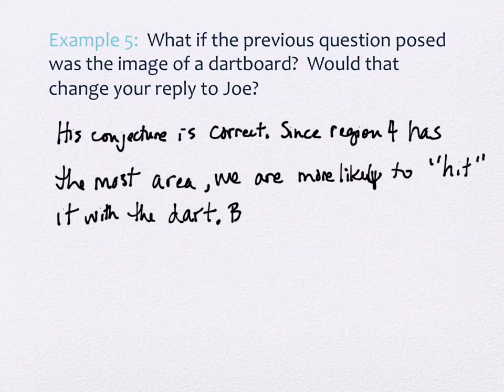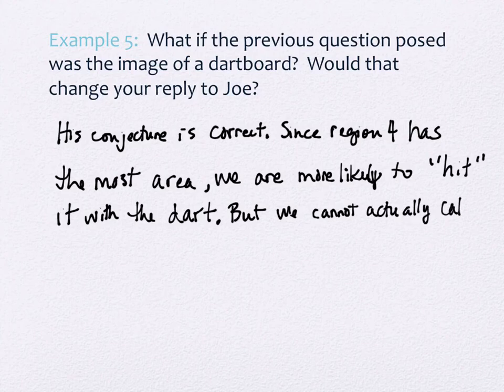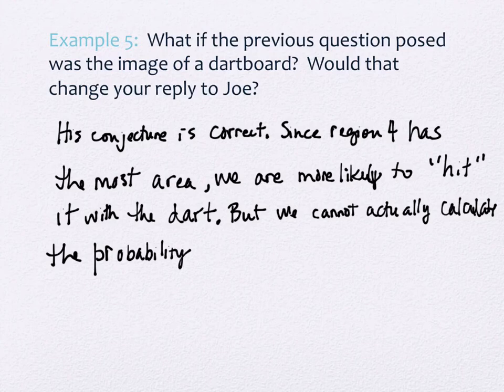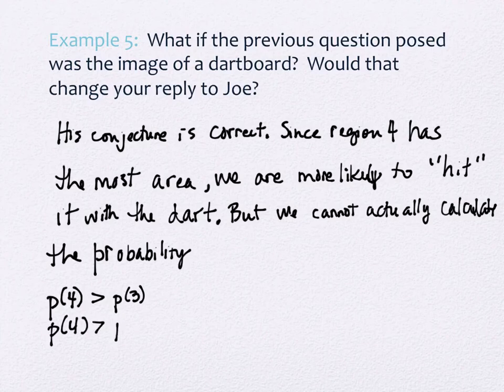So we can't actually calculate the probability. We could, however, say that for sure the probability of hitting the 4 is greater than the probability of hitting the 3, or the probability of hitting a 4 is greater than 2 or 1. That's the best we can do as we're relating them.